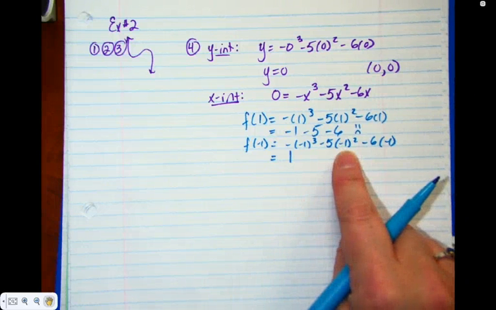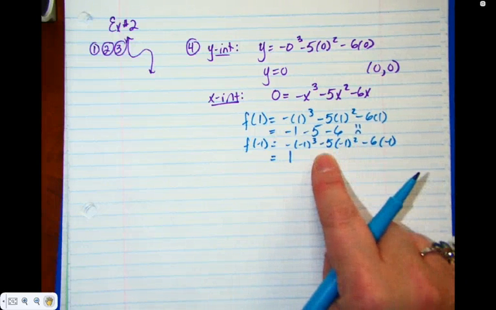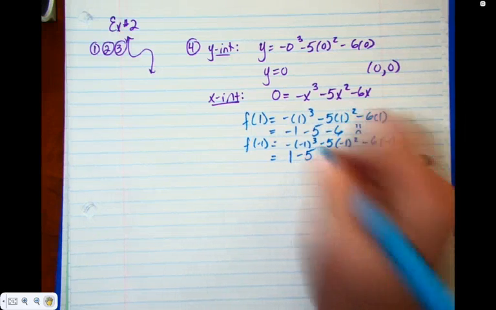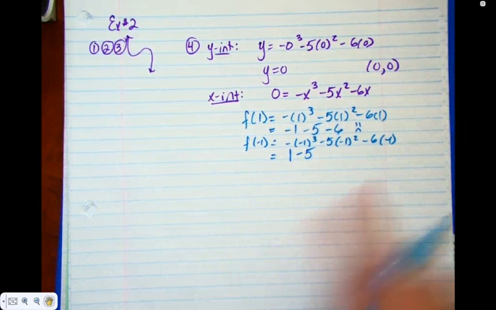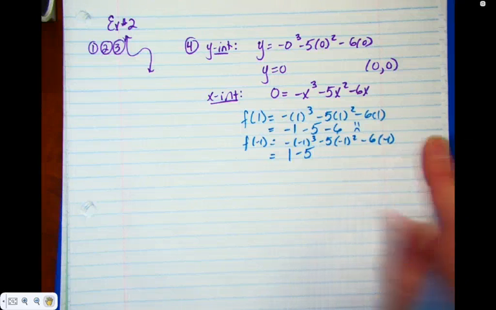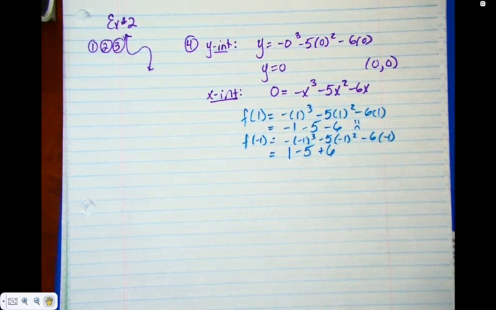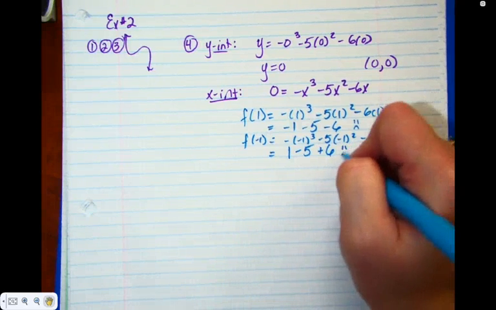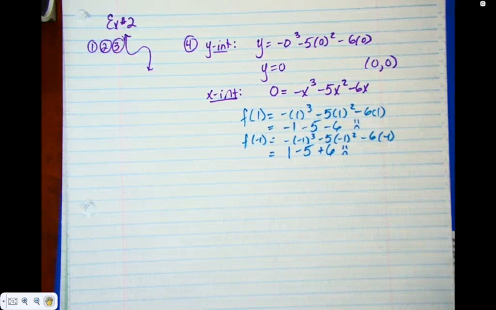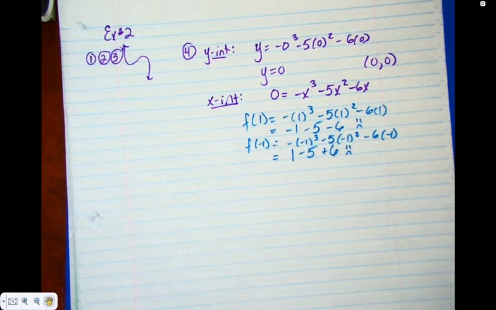Negative 1 squared, 1 times negative 5, negative 5. Negative 6 times negative 1. Conclusion? Sad face. Yes, I feel like this sucks too. This is just the way the questions work. If there was an easier method, I would have shown you the other day. Okay, now what?